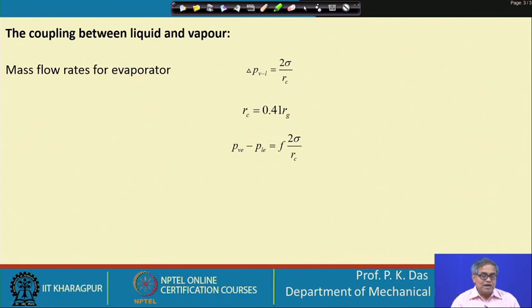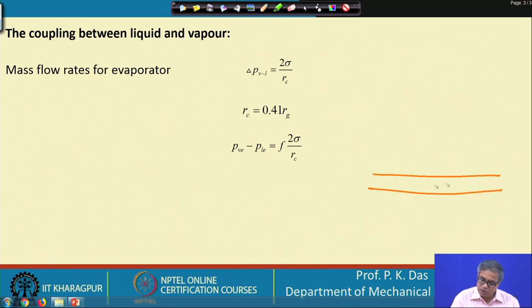First we look at the coupling between liquid and vapor. If we think of the evaporator section, this is a very exaggerated way of drawing it.